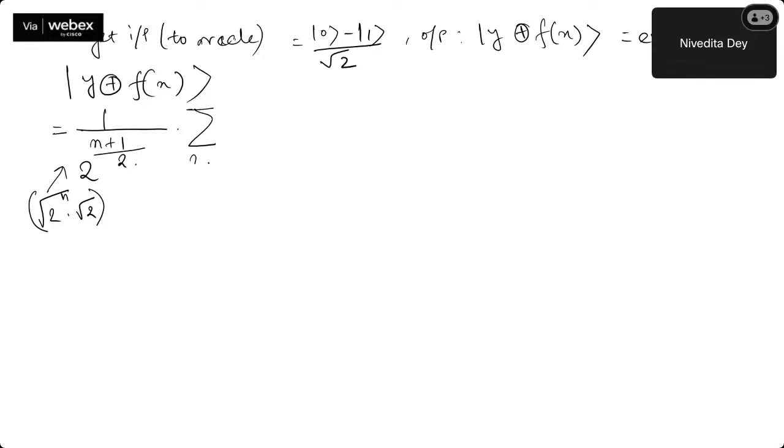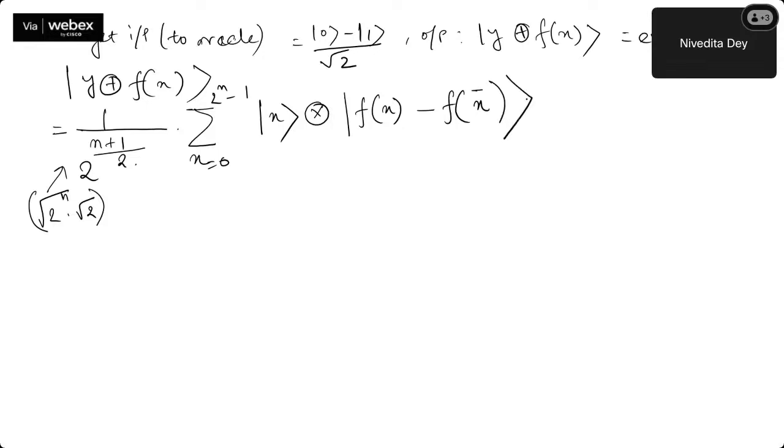So it will be x equals 0 to 2 to the power n minus 1, ket x product, f of x, I will be explaining, don't worry, minus f of x bar, where it means that 0 XOR f x is basically f of x, and 1 XOR f of x is basically f bar of x.